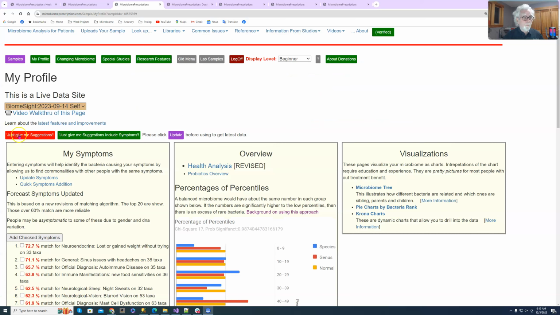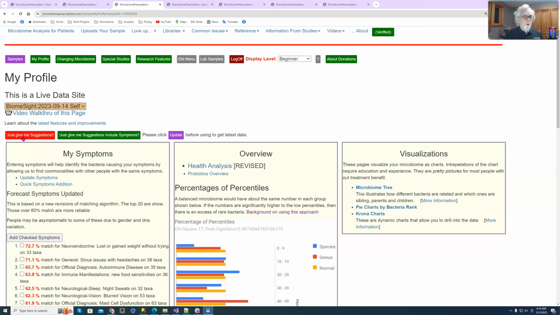To recap, this just-give-me-suggestions came out of people saying this is too confusing, and this makes life easy for you. You can add in other things to add in your concerns to the cooking pot of factors to consider. Same sample, we're just using different methods of saying which bacteria we should prioritize.